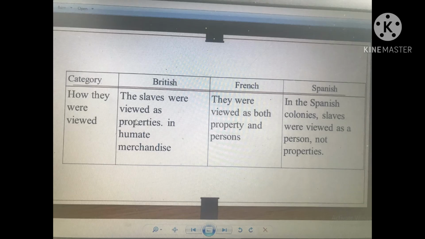The slaves in the Spanish were viewed as persons, not properties, as they were an extension of the family. And in the French, the slaves were viewed as both property and persons. However, for the British, the slaves were viewed as properties, merchandise owned by their planters.